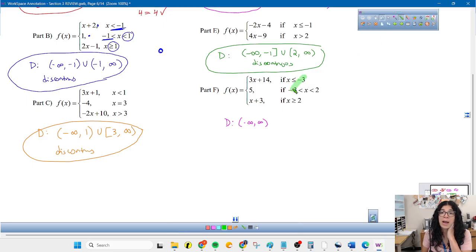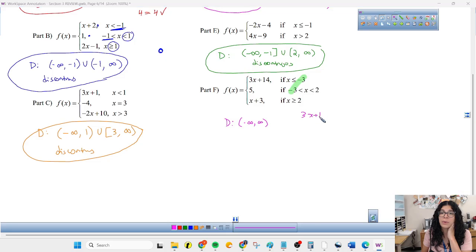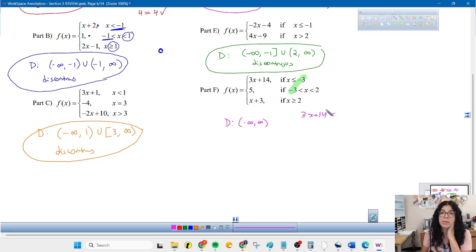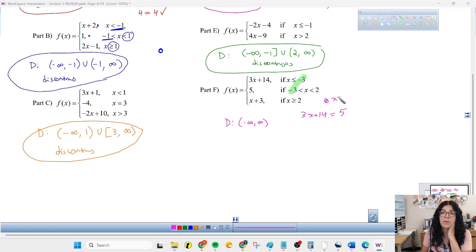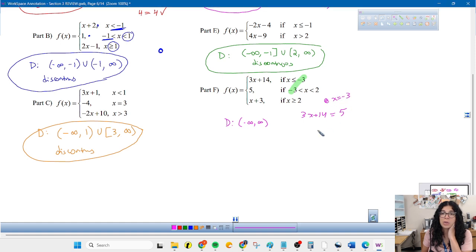First, we have to check at negative 3. Are the first and the second one connected? So is 3x plus 14 equivalent to the 5 at the x value of negative 3? So if I plug in negative 3, I get negative 9 plus 14, which is 5. So it is connected at the x value of negative 3.